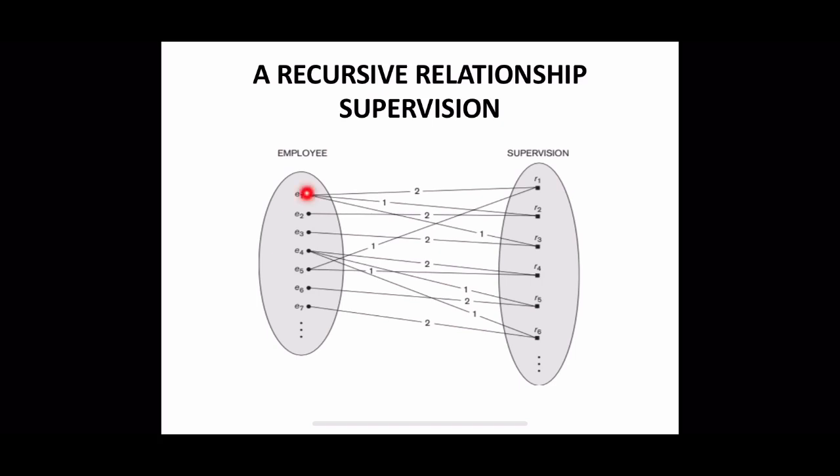For example, the instance E1 of employee is related to E3 of the same entity type employee through relationship instance R3. So E1 is in role 1, that is, E1 is the supervisor, and E3 is in the role of subordinate or worker. So E1 is the supervisor of E3 and E3 is the subordinate of E1.